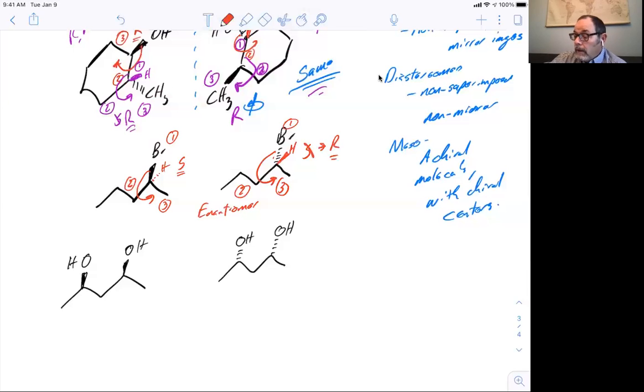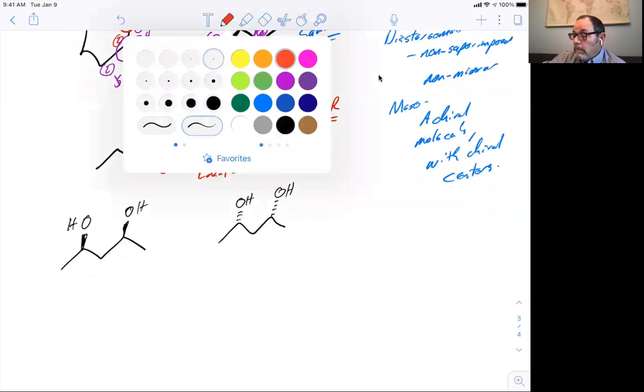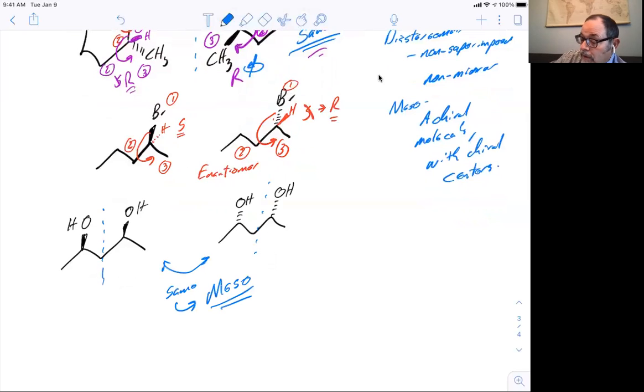Okay. And then the last one we can see here, this has a mirror plane right down the middle, right? So these are the same molecule, but they're the same molecule because they are meso, right? They're meso because they both have chiral centers.